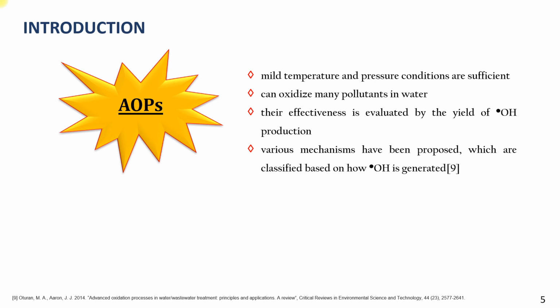Advanced oxidation processes stand out as a treatment technology for these kinds of dye-based pollutants. These processes can oxidize many pollutants in water. Their effectiveness is evaluated based on the yield of their hydroxyl radical production, which is one of the strongest oxidizing agents ever reported in the literature.